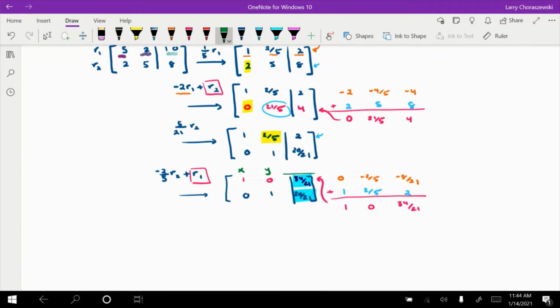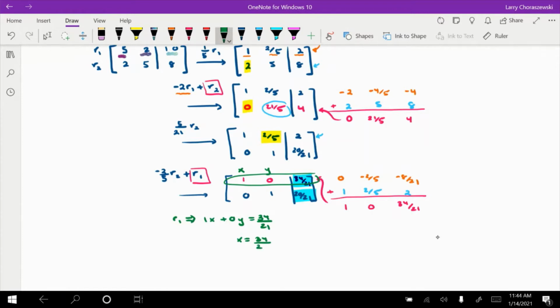Now, if we take a peek at this version of row 1, we could write this out in equation format. Specifically, the row 1 from our current matrix would tell us that 1x plus 0y is equal to 34 over 21. The left-hand side simplifies to just x.